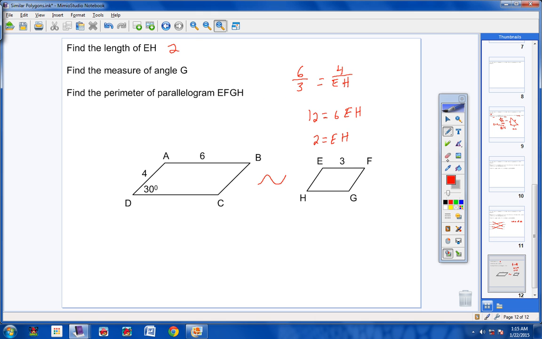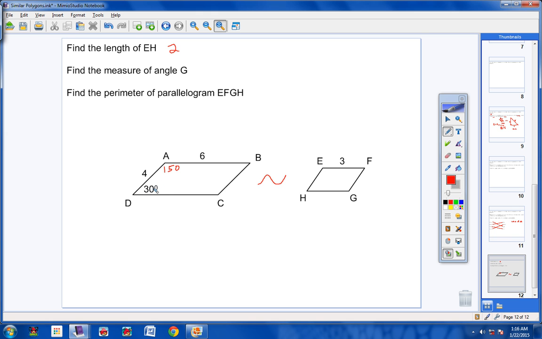Now next they want us to find the measure of angle G. Now remember, whenever two polygons are similar, then we know their angles have to be congruent, and that's why they're giving us this problem here. Think about that. So I know I have parallelograms, which means consecutive angles in a parallelogram are always supplementary. So if this is 30, then this has to be 150, because 30 plus 150 is 180.